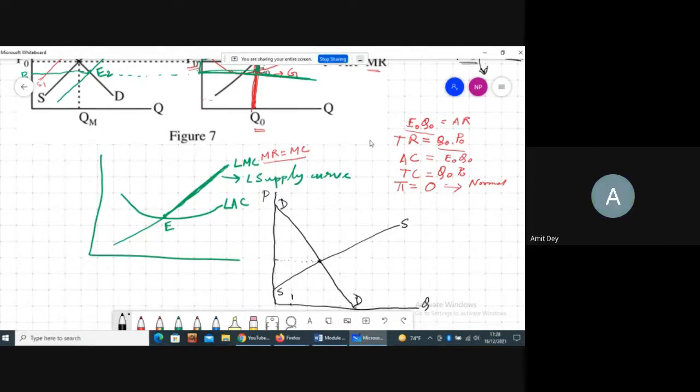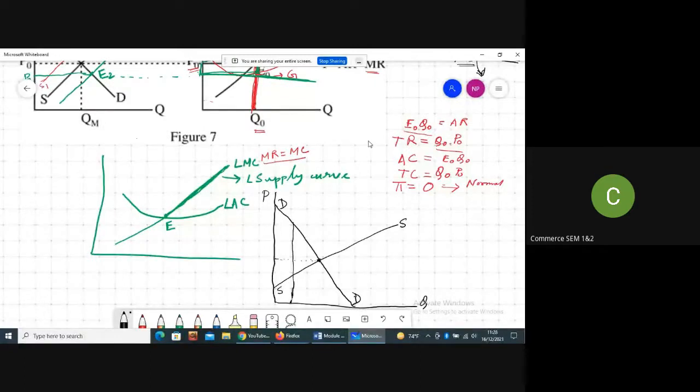If the consumer wants to purchase this amount, then if we take the vertical distance, this much amount is the consumer's willingness to pay. So the consumer is willing to pay this price for this first unit.